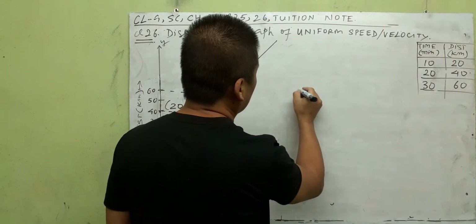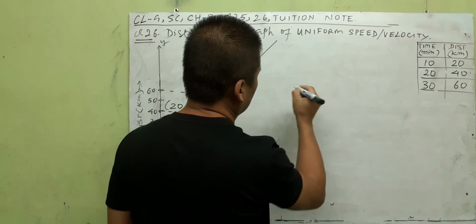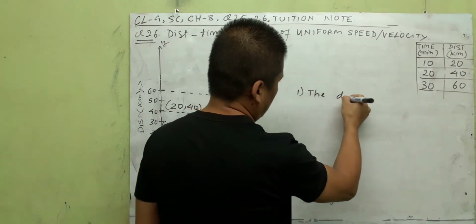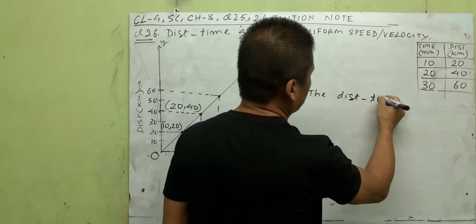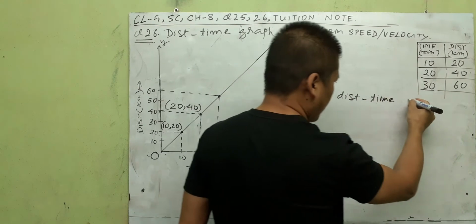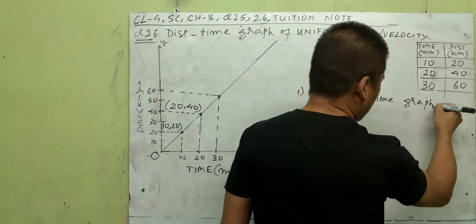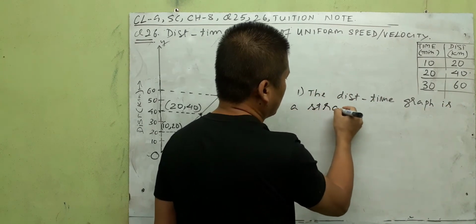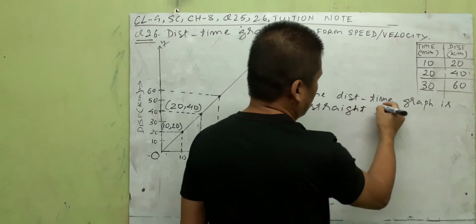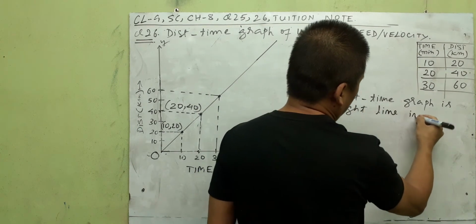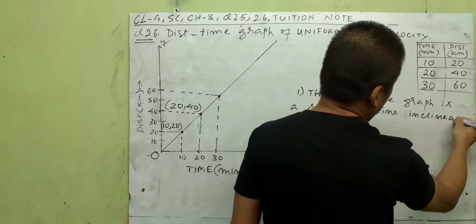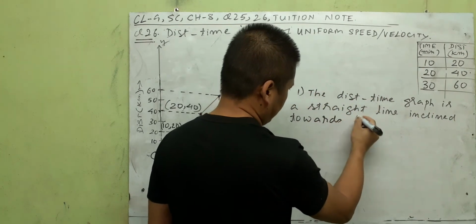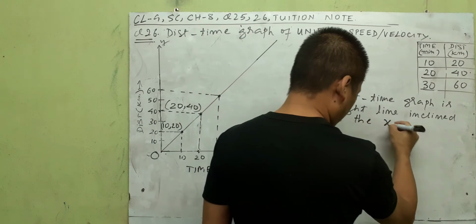Here, the distance time graph is a straight line inclined towards the x-axis.